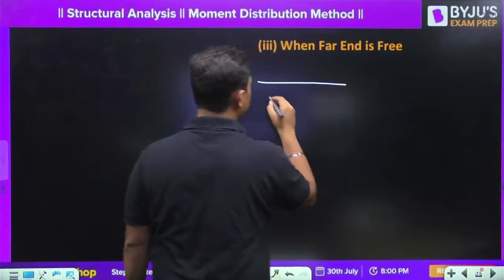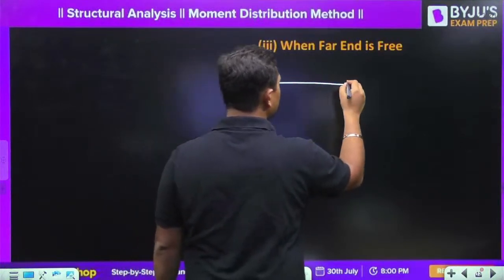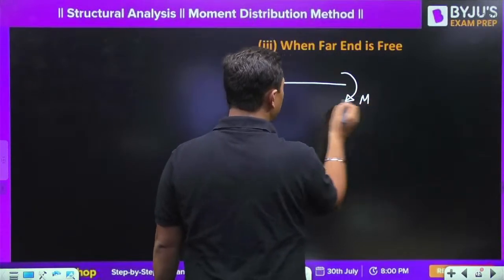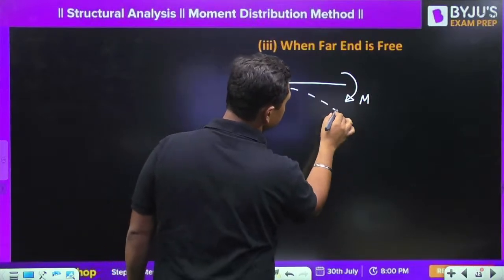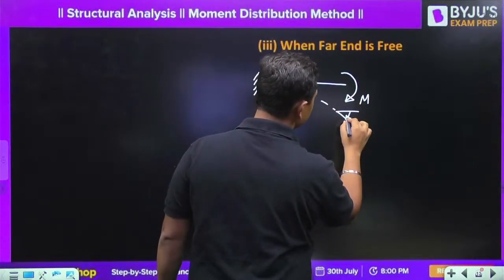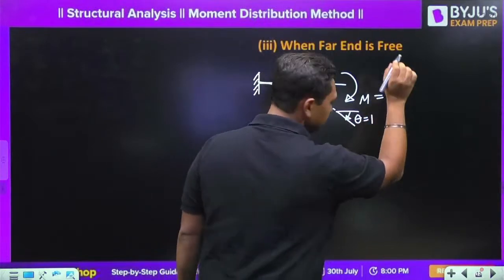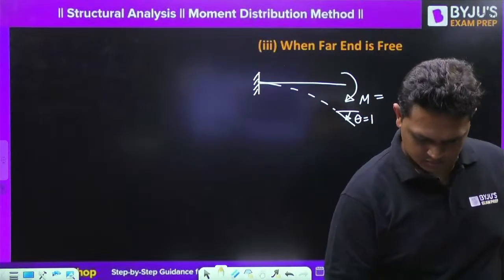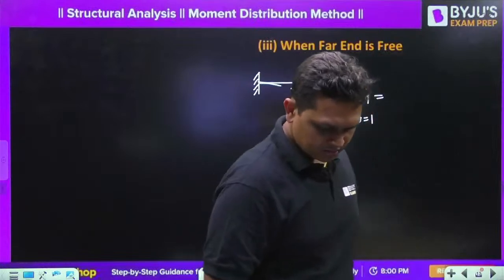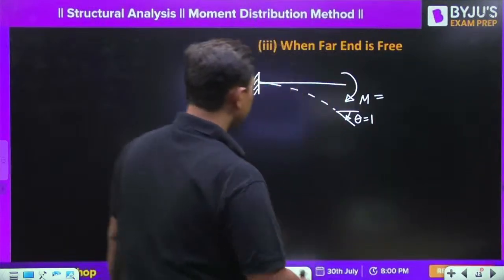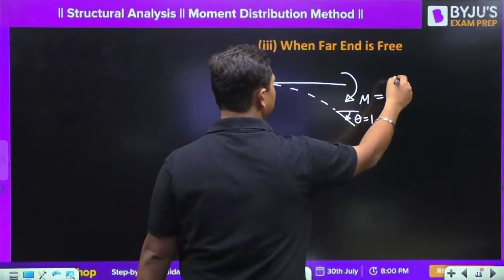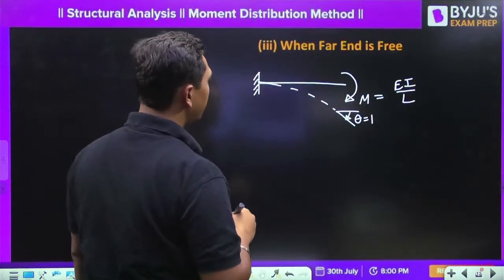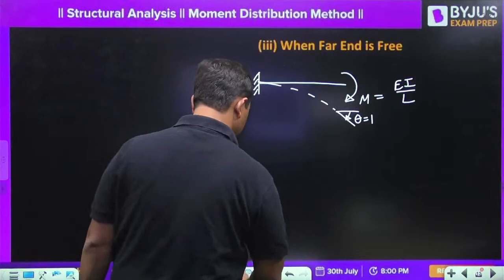Now in the cantilever case, the moment applied over here to produce a unit rotation is equal to EI by L. When the far end is free, actually in this case we will not take this as fixed.